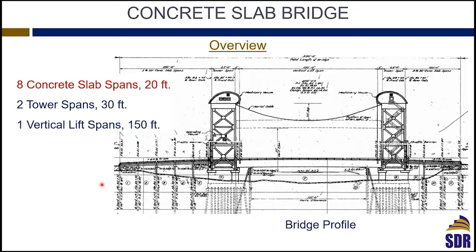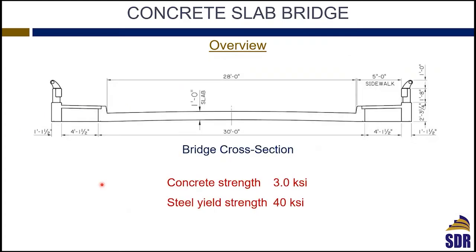To determine which span to test, that's part of the inspection that we do at the beginning. We determine the condition of the spans to see which one we're going to test, look at the current condition, and how you can access the span. There are a lot of parameters that have to be taken into account to determine which span you are going to test, to make sure it's representative of the 8 spans.